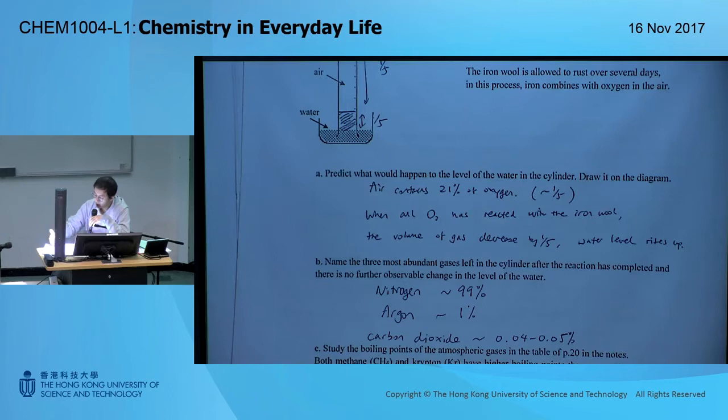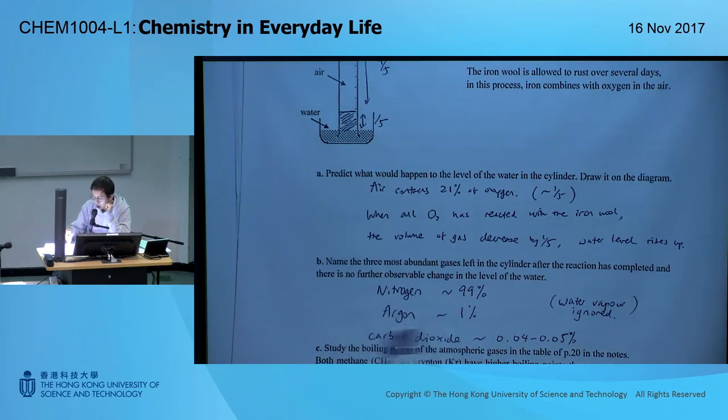Of course, you can also suggest that there's water vapor, but we ignore this. Of course, there's water vapor above water, so we kind of ignore this one. But if you take into account water vapor, then water vapor would be maybe the second or the third most abundant.